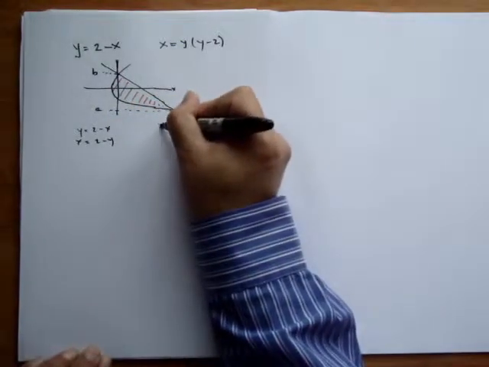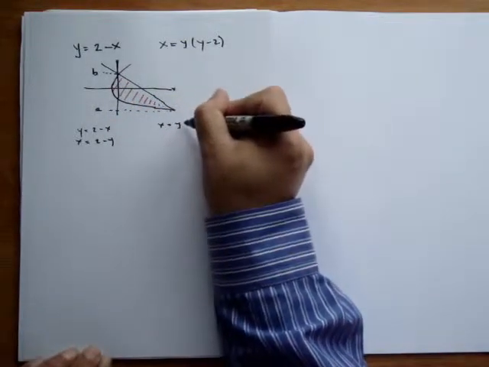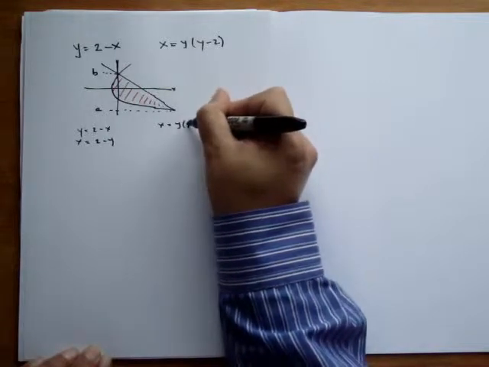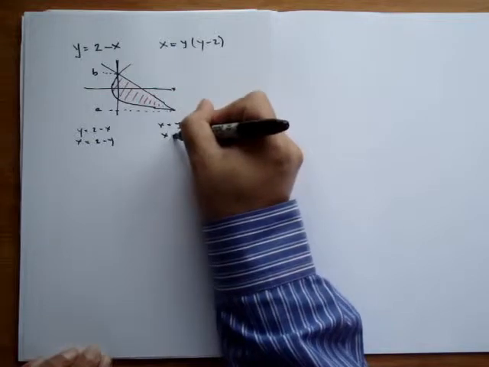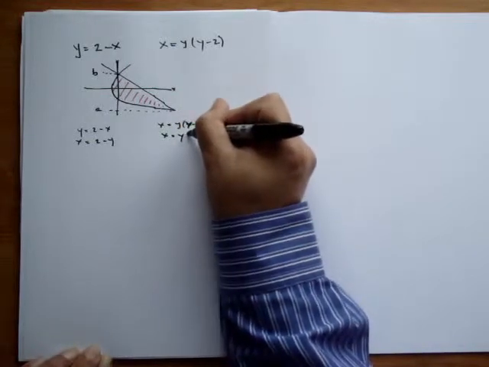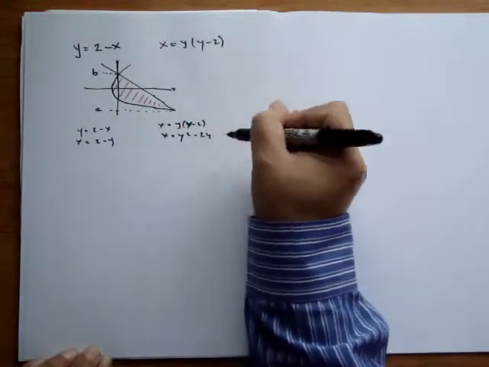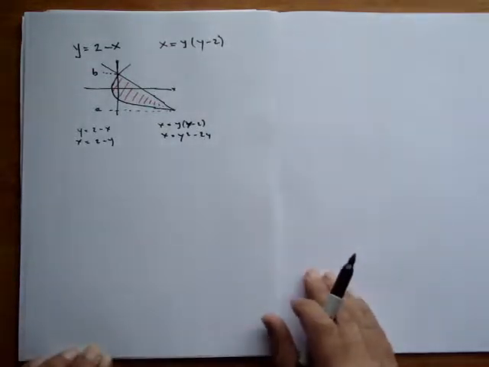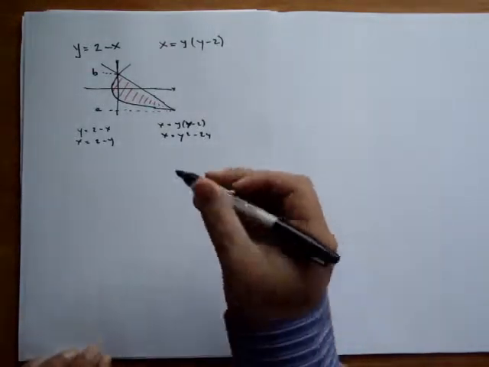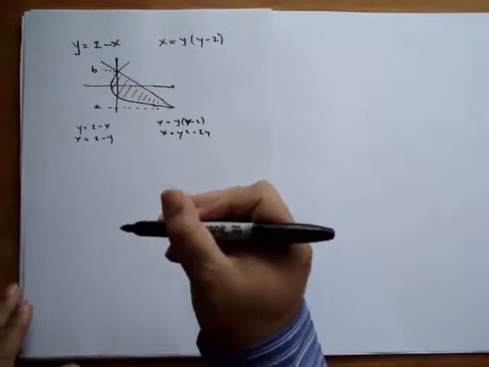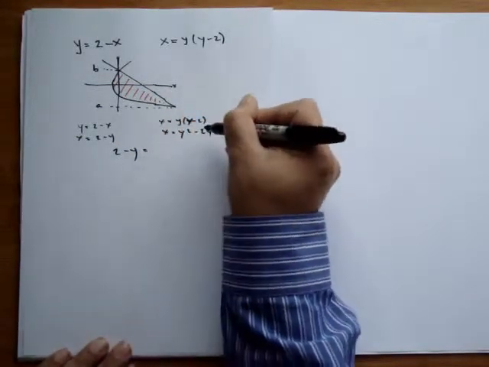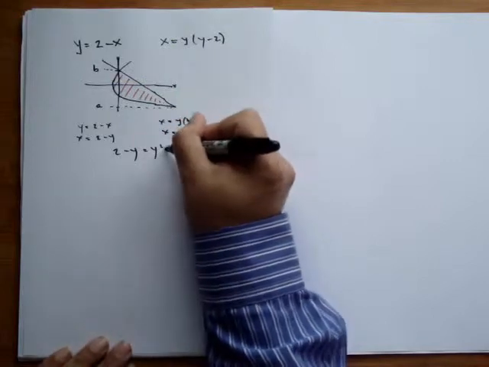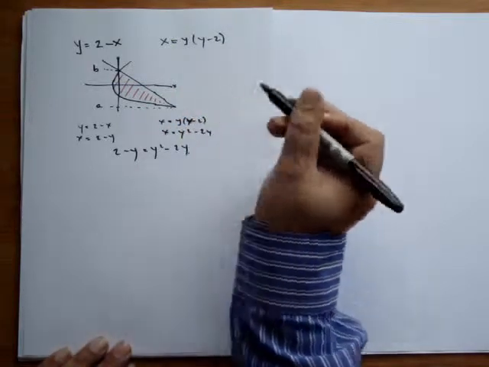For x equals y squared minus 2y, we get x equals y squared minus 2y. So for our intersection points we have 2 minus y equals y squared minus 2y.